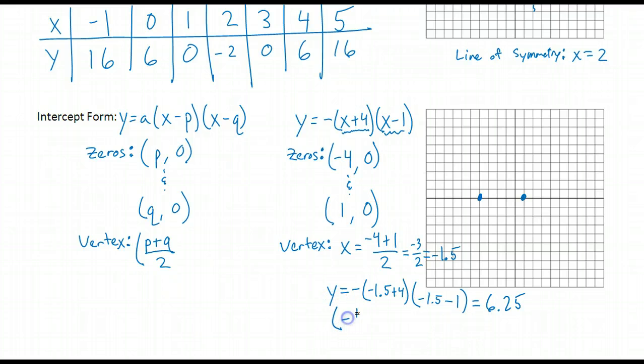So my vertex will be at negative 1.5, 6.25.